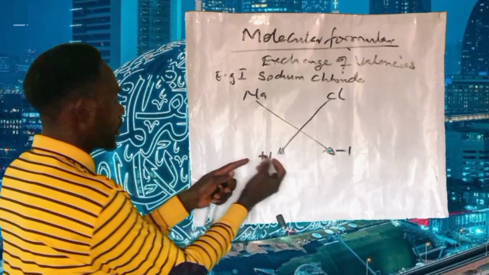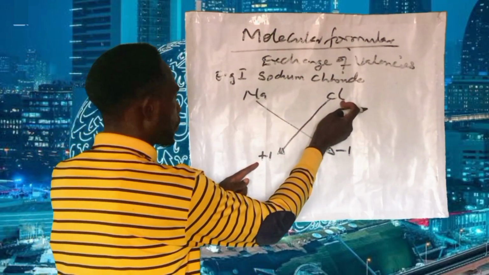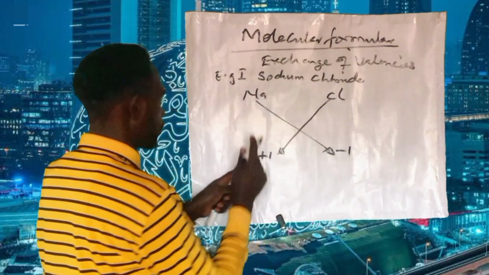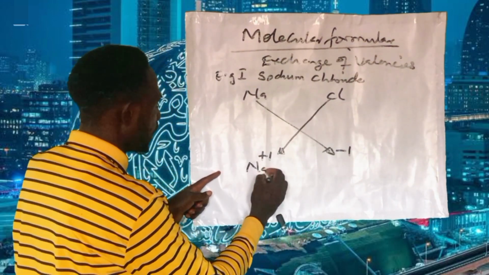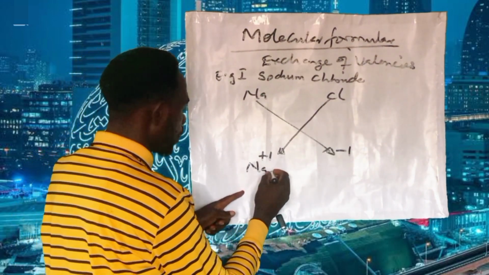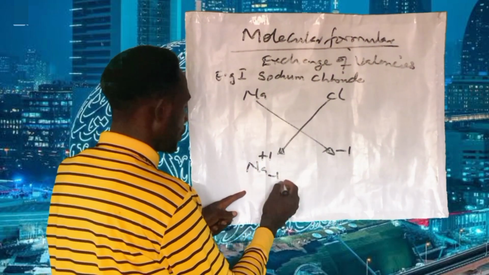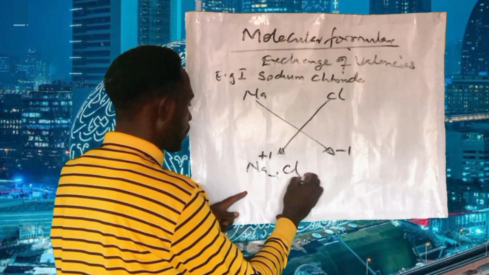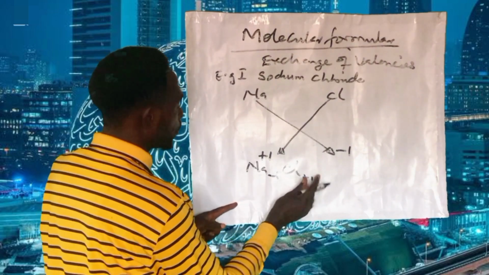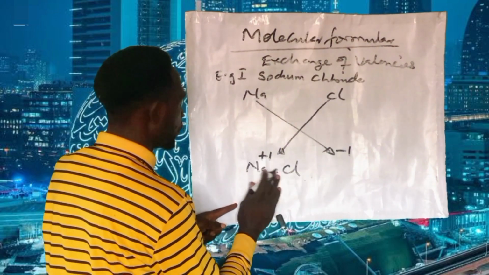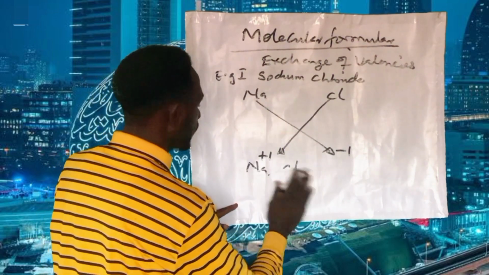Now we are going to take that of sodium and give it to chlorine, and take that of chlorine and give it to sodium. Let's go. It becomes Na1 and Cl1. Because minus 1 plus 1 is automatically 0. Therefore, we are left with what?